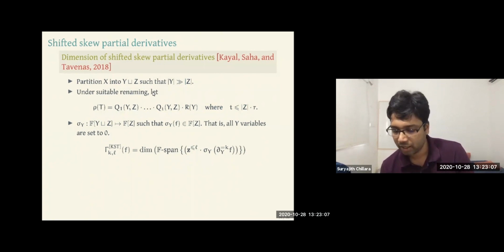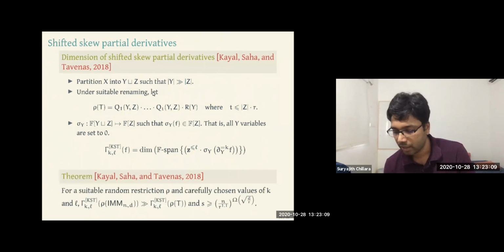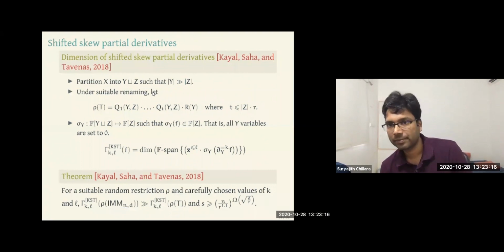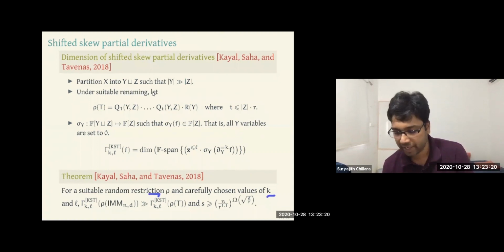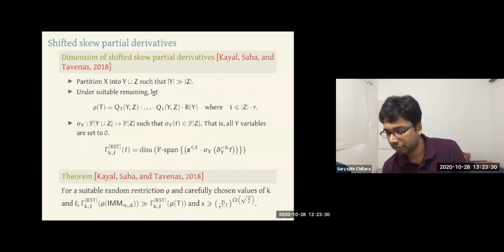Thus what they get is that the measure for the term is much smaller than the measure for the polynomial. Under a suitable random restriction rho, and chosen values of k and l, they get this bound. So they show that the measure for the restriction of the polynomial is much larger than the measure for the restriction of the term. And thus they get a lower bound of n to the power omega of root d by r.